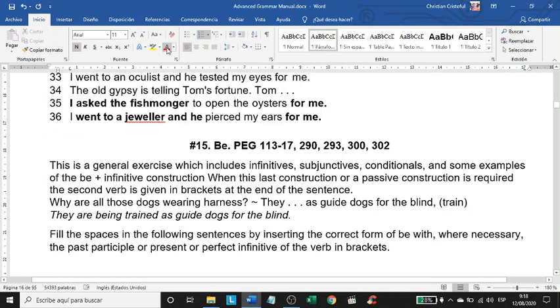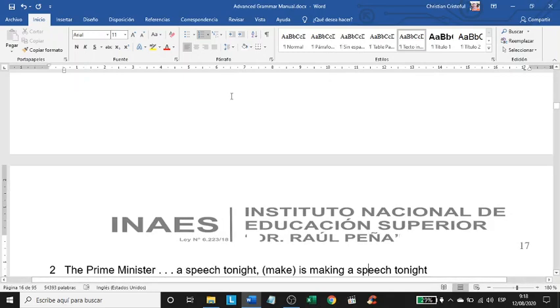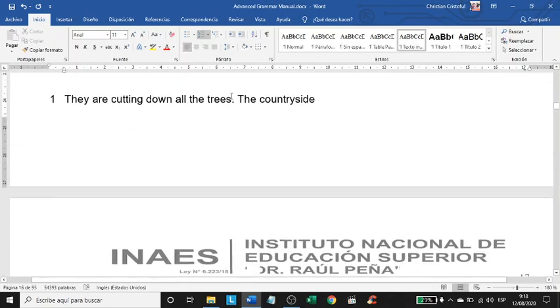Then we have exercise 15. Exercise 15 is a mixed exercise, my favorite type of exercise. Here we have, they are cutting down all the trees. And I need to use the word ruined, which I already erased.